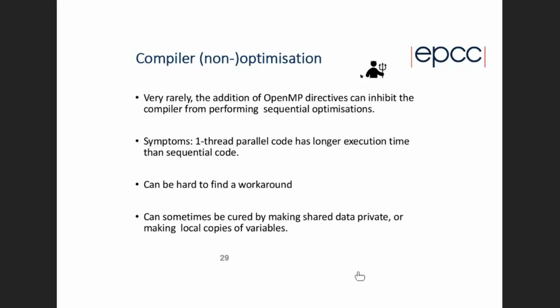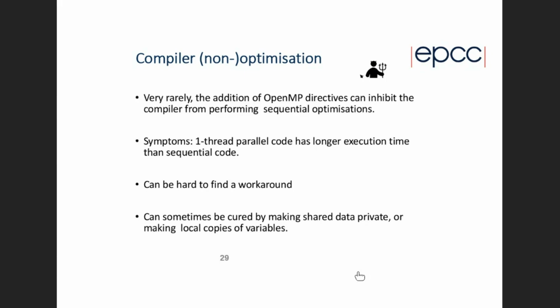What happens is that the compiler transformations that have to be done to implement the OpenMP directives somehow inhibit the compiler from doing its normal sequential optimizations in some way. The symptom is that if you run your parallel code on one thread, it has a longer execution time than the sequential code, so if you compiled your code without OpenMP.